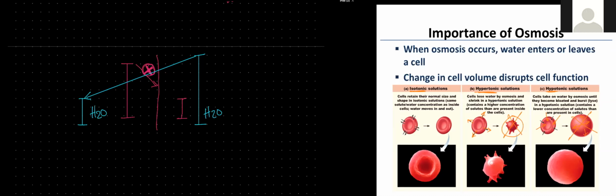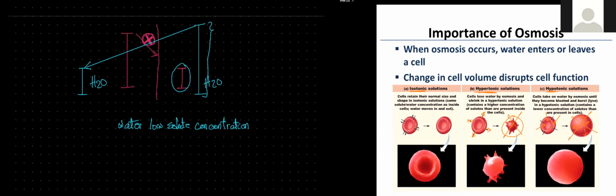In other words, the water is going to be traveling from the low solute concentration, which is actually high water, to the side with high solute concentration. In other words, low water.